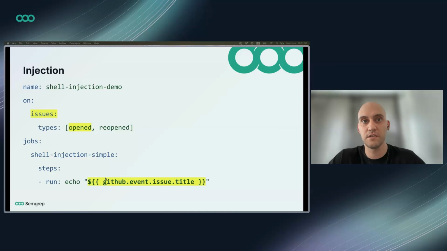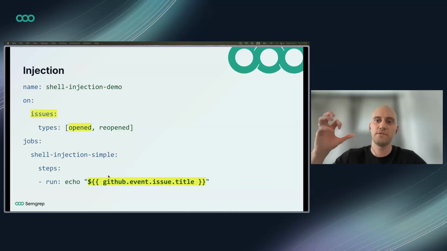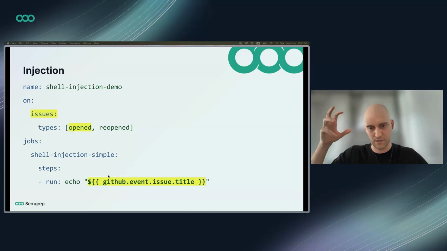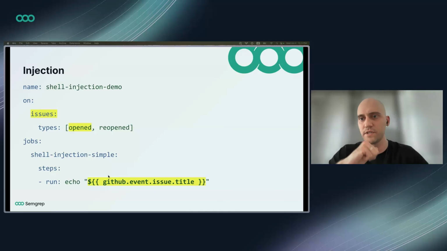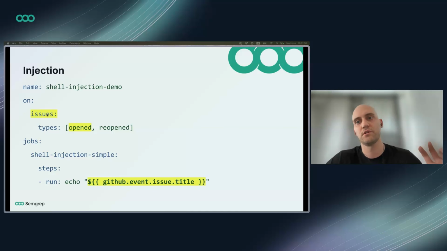What we see here is the GitHub object. Every workflow is supplied with this information about the context of the workflow and the event that triggered it. In this case, we have the issue as the trigger, and we can use information about the issue.